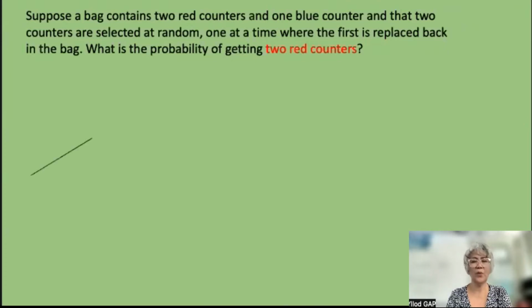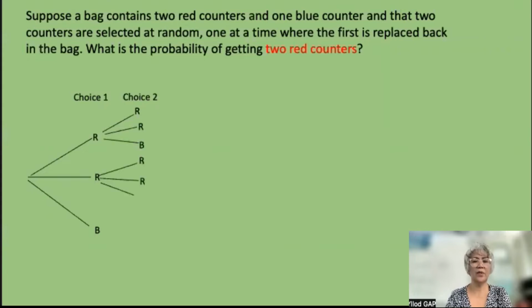All right, so we're now going to create the tree diagram. Choice 1, you have red, red, and blue. Choice 2, we also have red, red, and blue, for each of the first choices. Okay, now let's have a look at the outcomes.